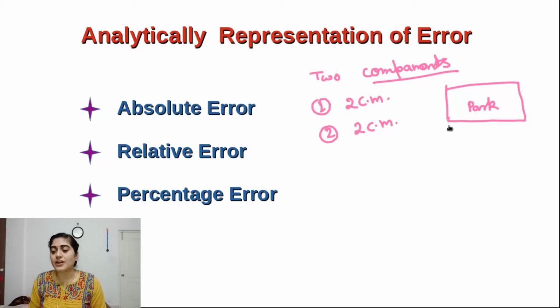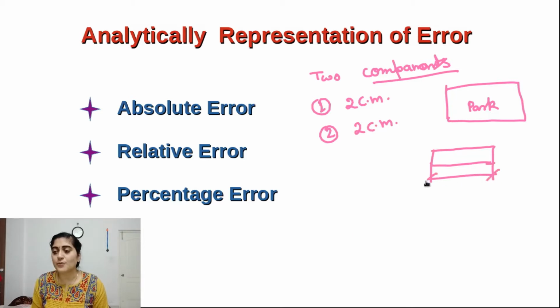But if you have a component whose length is only 5 centimeter, suppose, and you have a 2 centimeter error, it is not negligible. It is very meaningful. It will affect your main dimension.